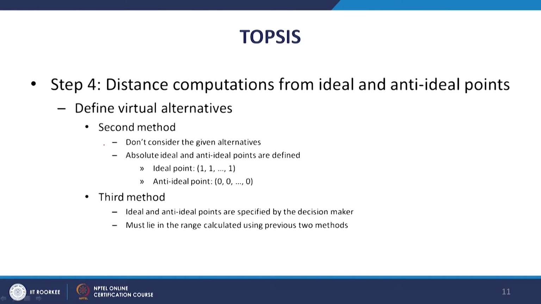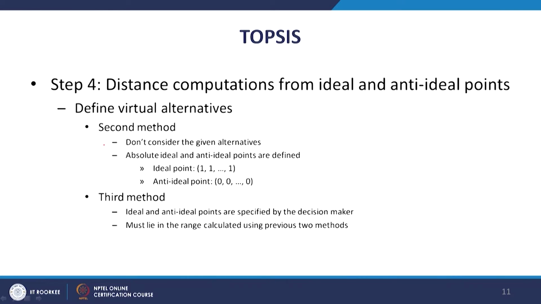Then what could be the third way? In the third way, as we talked about, criteria weights are required to be specified as subjective inputs from decision makers. Similarly, for the virtual alternatives also, we can take them from the decision maker as subjective inputs.